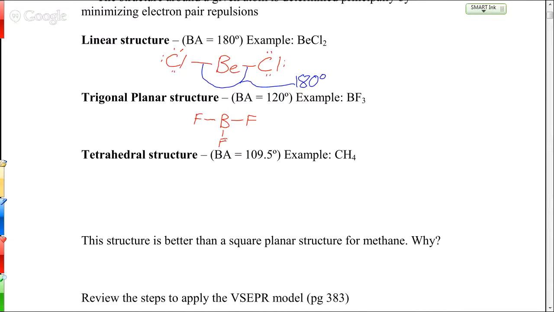A better way, a way that allows them to be farther apart, would be like this: for the fluorines to be at the corners of a triangle, an equilateral triangle. If the boron is in the middle and the fluorines are at the corners, that's as far apart from each other as they can be. And those angles will be 120 degrees. We call it trigonal planar because they're in the same plane.